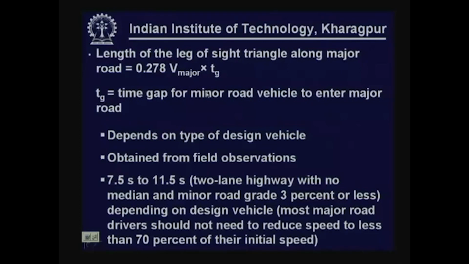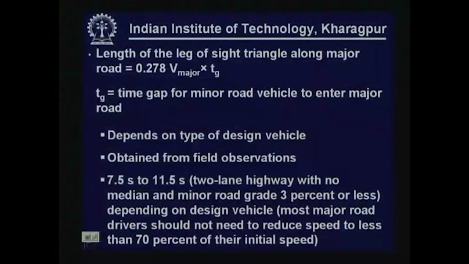Now, what should be the value of this TG? This TG value depends on the type of design vehicle. That means, if the stopped vehicle is a car, the time requirement will be different as compared to a condition where the design vehicle is a commercial vehicle.